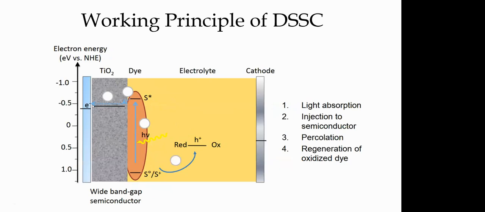Then it is in the ground state and it can reabsorb the incident light and regenerate again as well. Then you can extract these electrons just like we have said before.